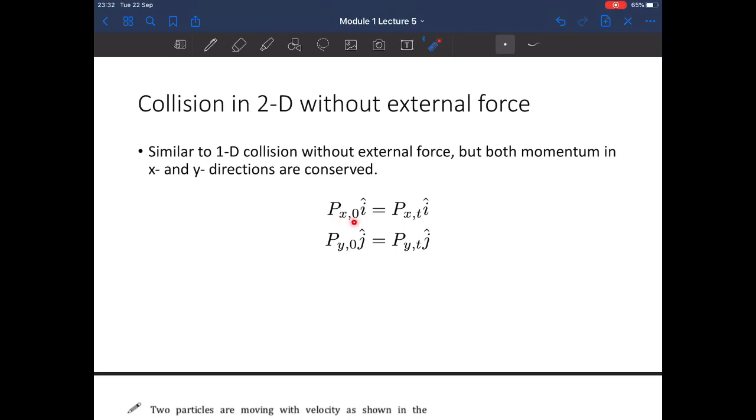So that means in the x direction, px0, the momentum in the x direction at time t equals 0, must be equal to pxt, the momentum in the x direction at time t, and that is also true for the y direction. Py at time t0 must be equal to py at any time t.